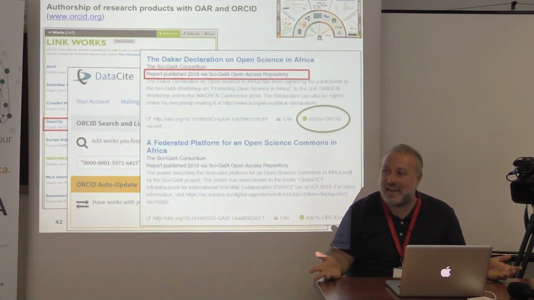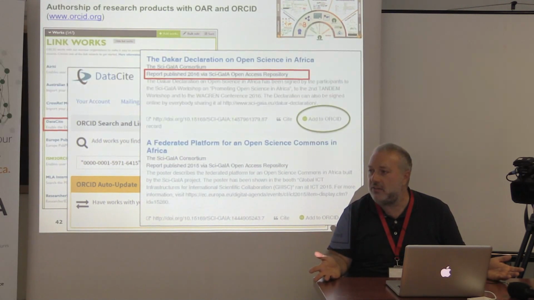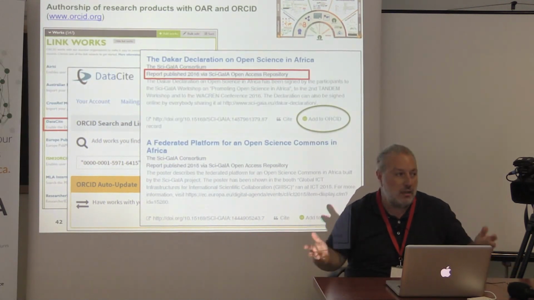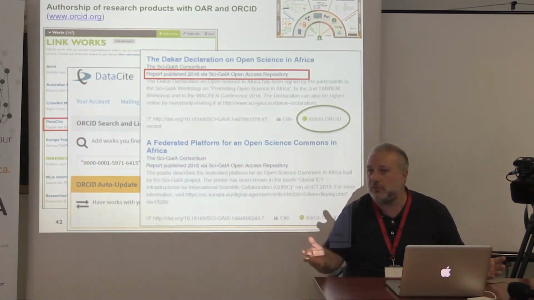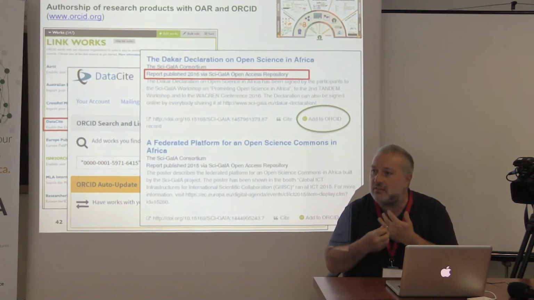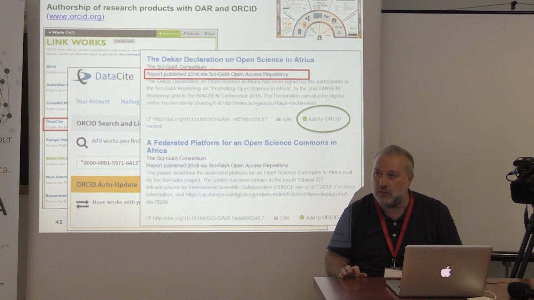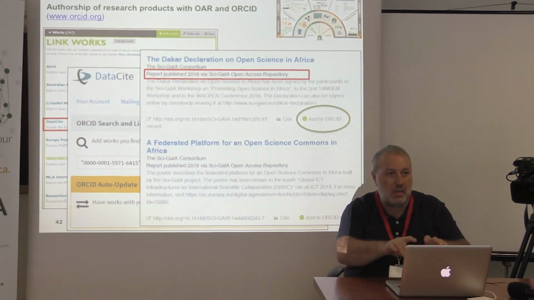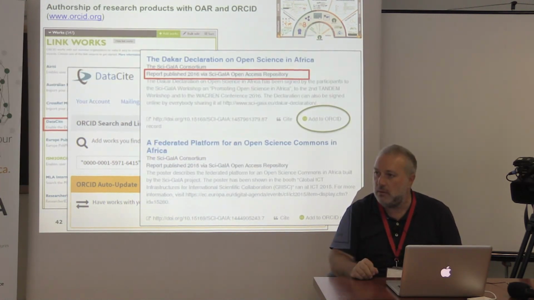So as a scientist, you will become very easily more visible, because you can connect not only your beautiful papers, but also your internal reports, your deliverables, your data sets, your software, whatever. And you can do that starting from your application. You don't need to do that in the boring way, like filling in a web form. Programs can do that for you.